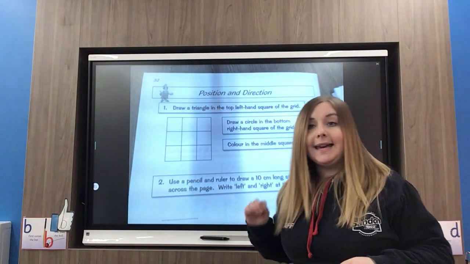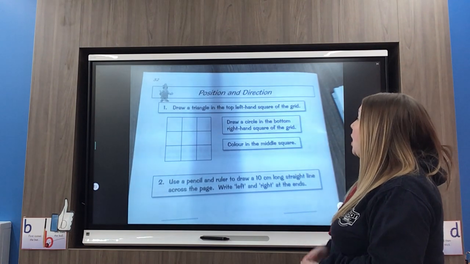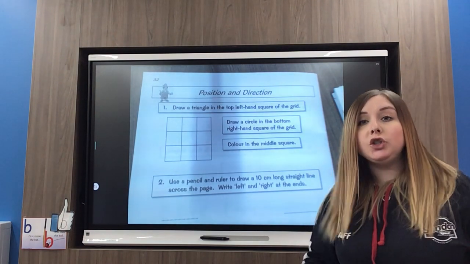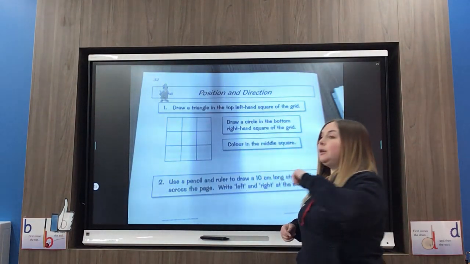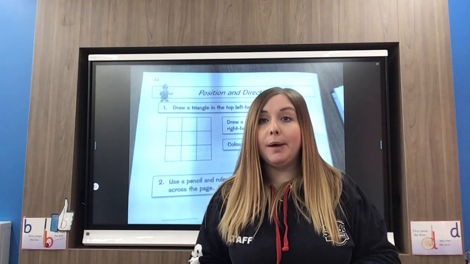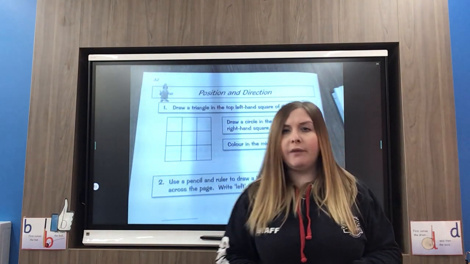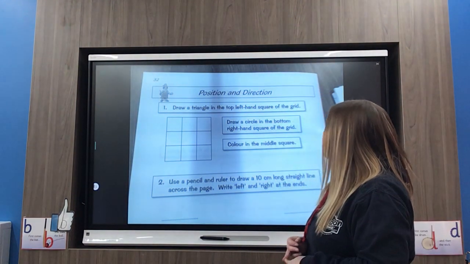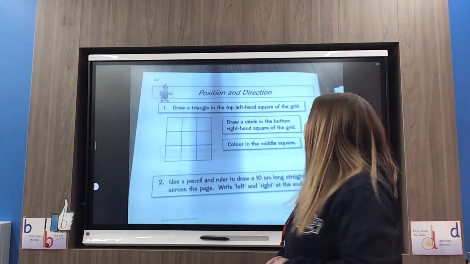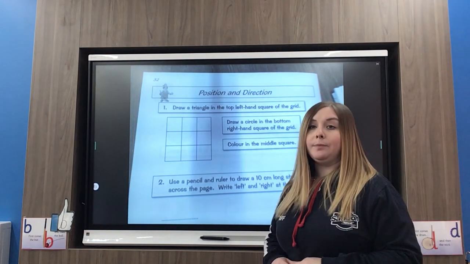So it says, draw a triangle in the top left-hand square. So here we've got some squares. We've got to find the top left. Now have a little think. Which side is the left? Can you remember? Okay, you've got to draw a triangle in that square.